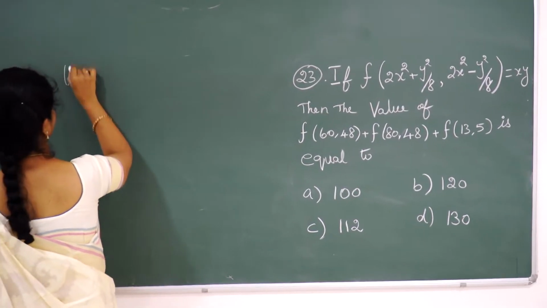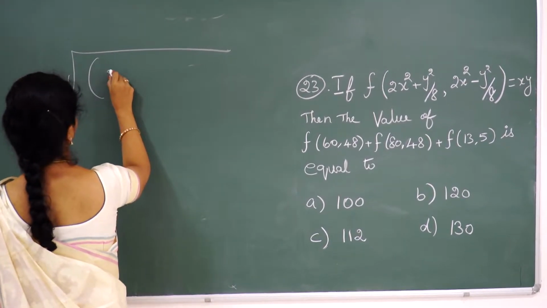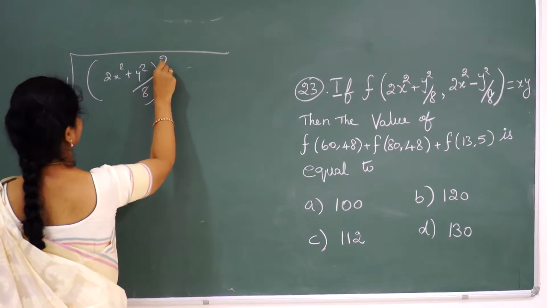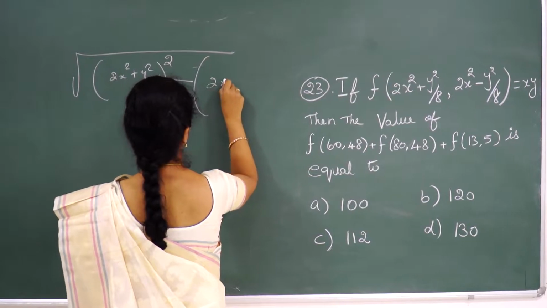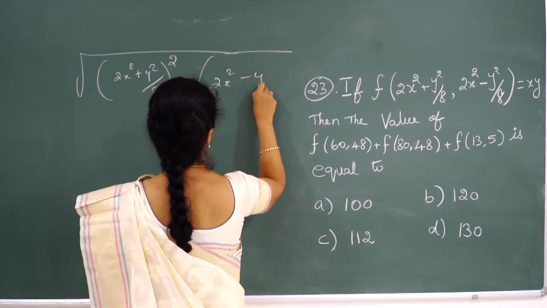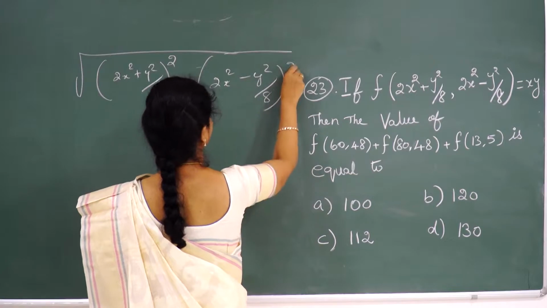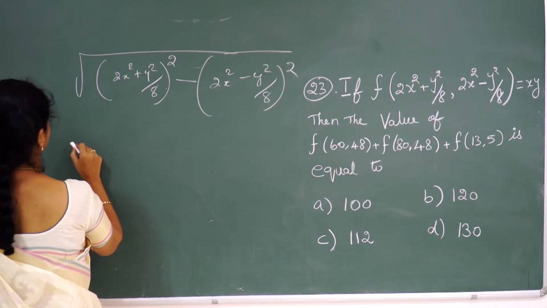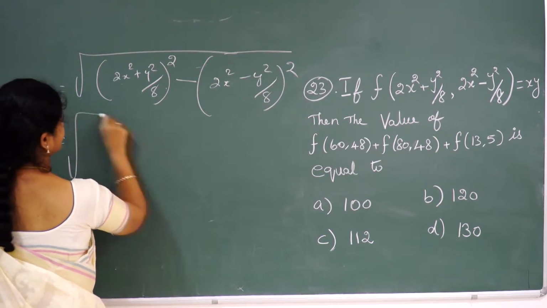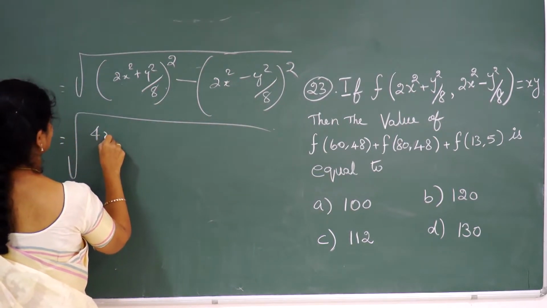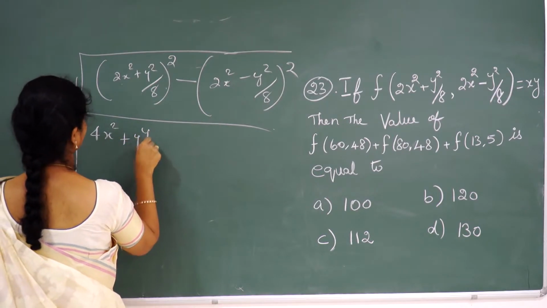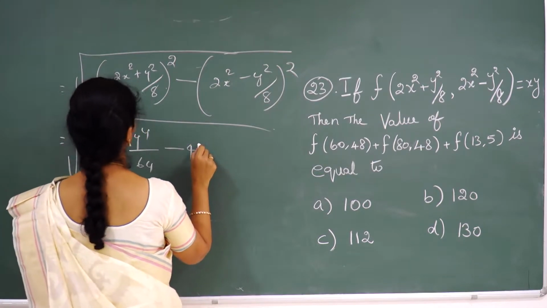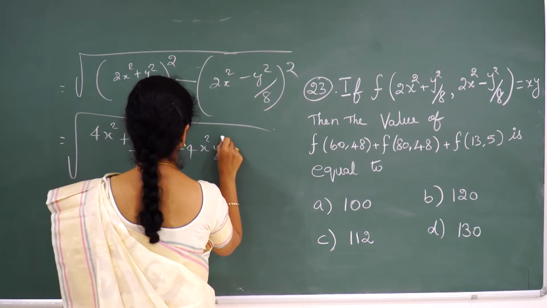So use the distance formula: square root of 2x square plus y square by 8, the whole square, minus 2x square minus y square by 8, the whole square. So expand and simplify, you get the whole square terms. So this is equal to the square root of 4x square plus y power 4 by 64 minus 4x square y square by 8.